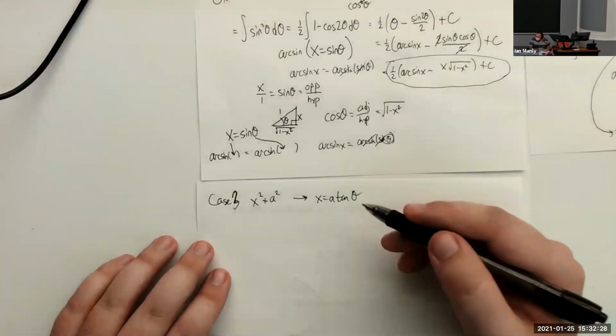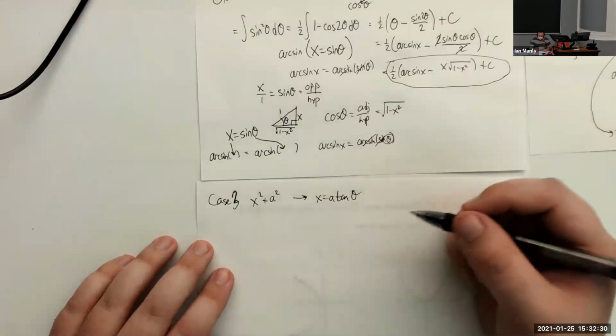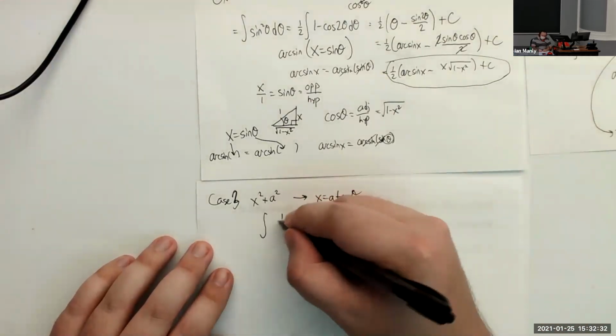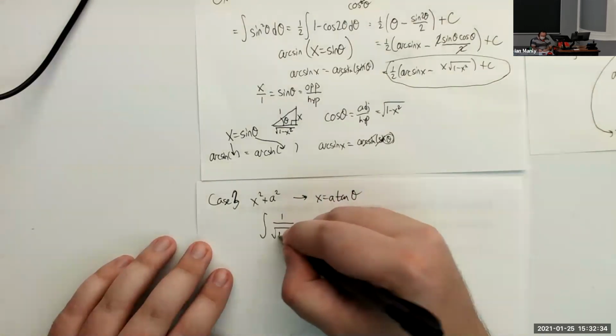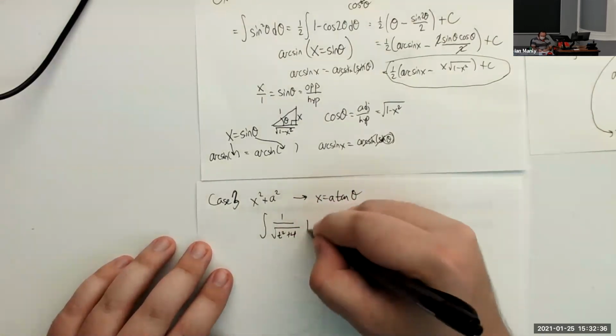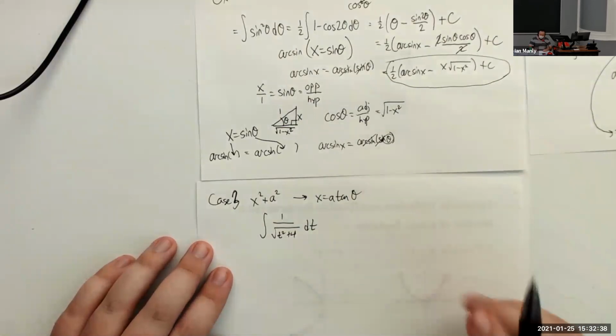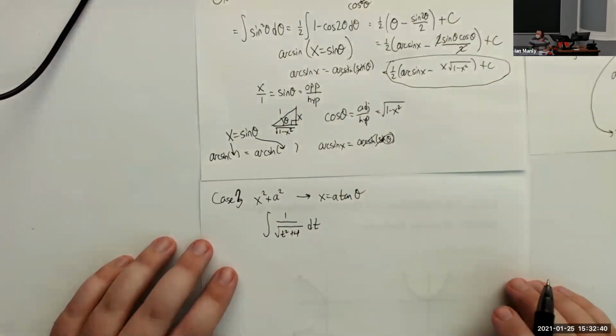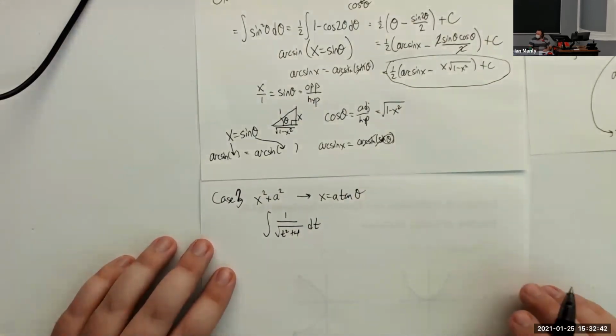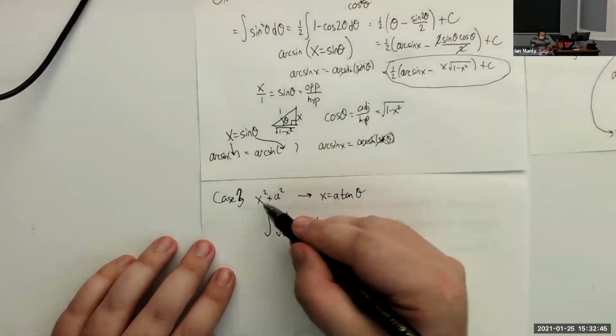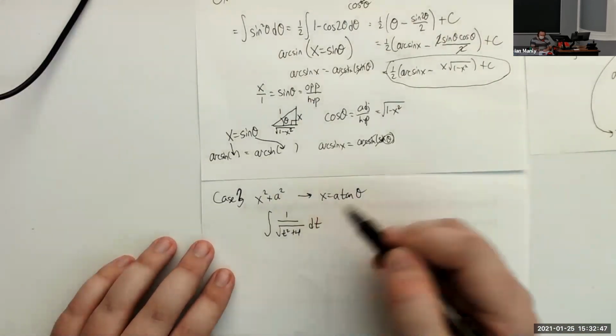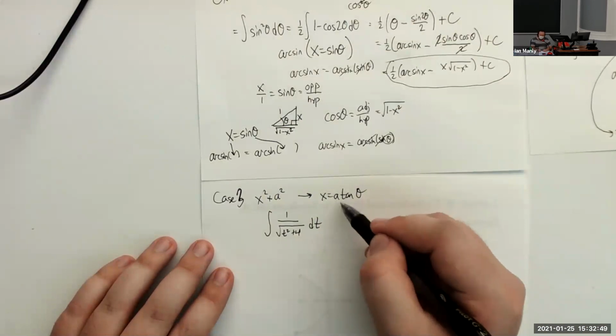All right, with this integral right here, which one am I going to do now? I'm going to do the integral of 1 over the square root of t squared plus 4. Whenever I have my variable squared plus a number squared, that's when I'm going to use tangent.